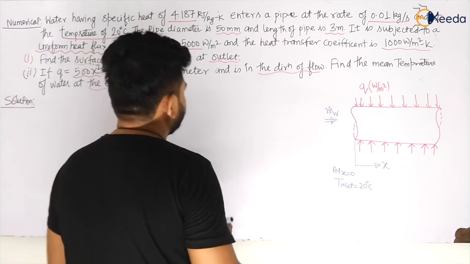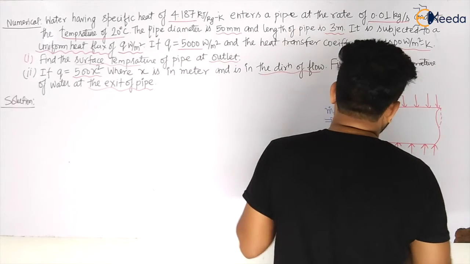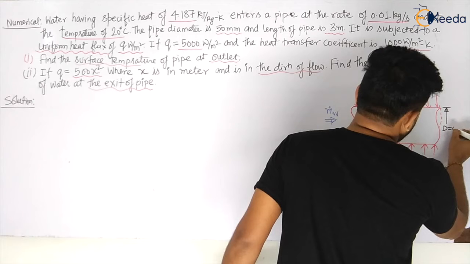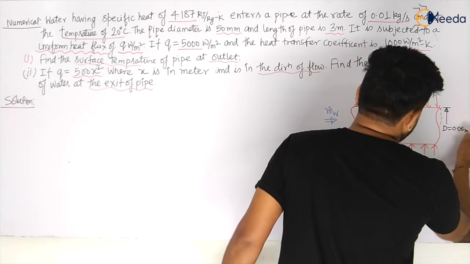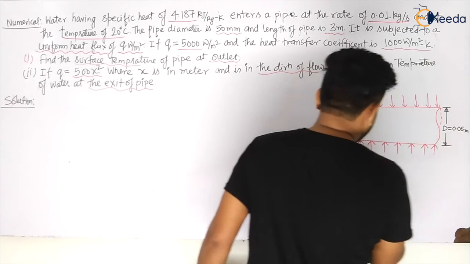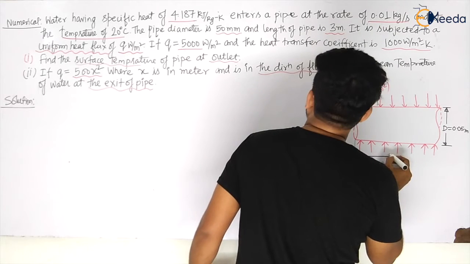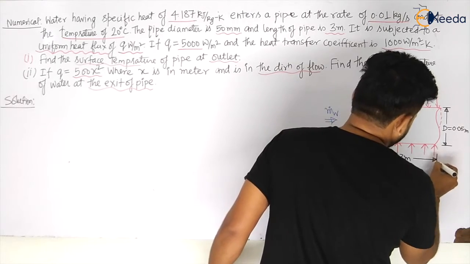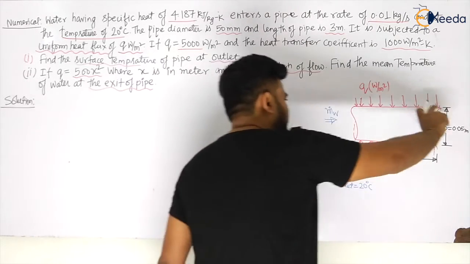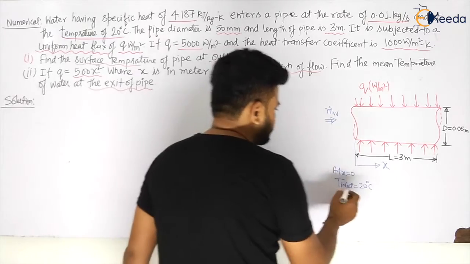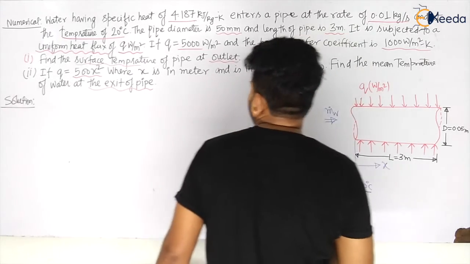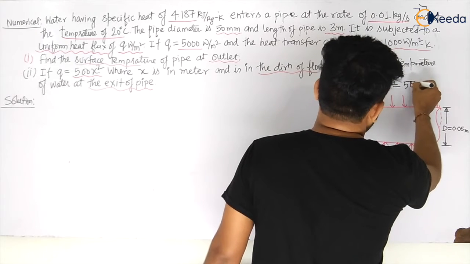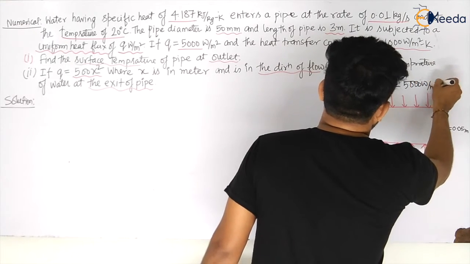The pipe has 50 millimeter diameter, that means D is equal to 0.05 meter, and the length of the pipe is given to be 3 meter. Now we know D, we know L, we also know the inlet temperature of 20 degrees Celsius, and he has also given Q equal to 5000 watt per meter square.